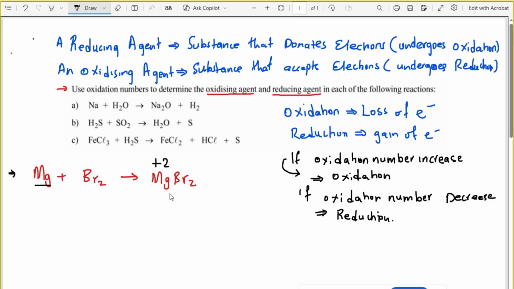Exactly. So yes, when it is combined with that bromide, that's when it's going to be plus 2. But this side, it's on its own, and we said that the oxidation number of an uncombined element is 0. You understand? You get it? If you don't understand, please tell me. I don't mind explaining this again.